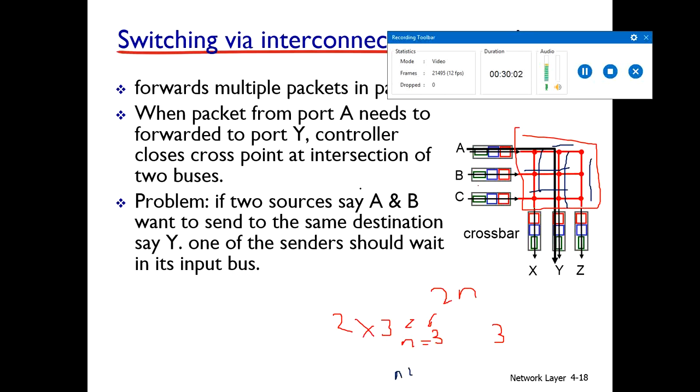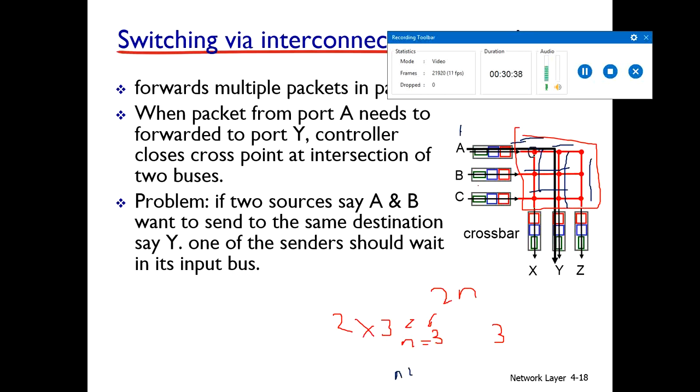The general idea is when a packet arrives at the input port, it travels along the horizontal bus attached to the input port until it intersects with the vertical bus leading to the desired output port. So if, for example, packet 1 arrives and it wants to go to X, it will travel on this horizontal bus until it finds the intersection for the desired output.